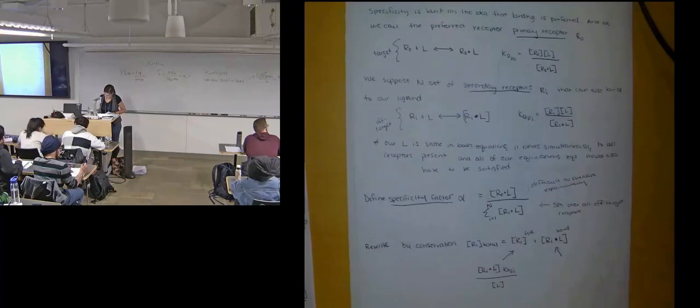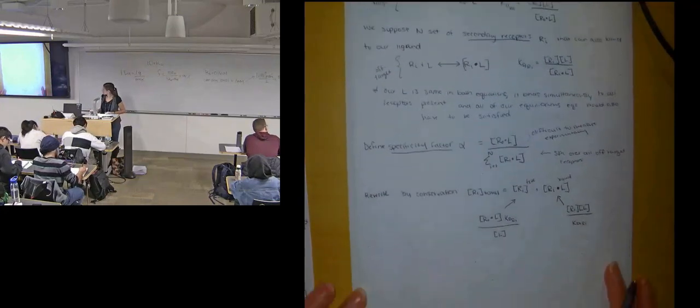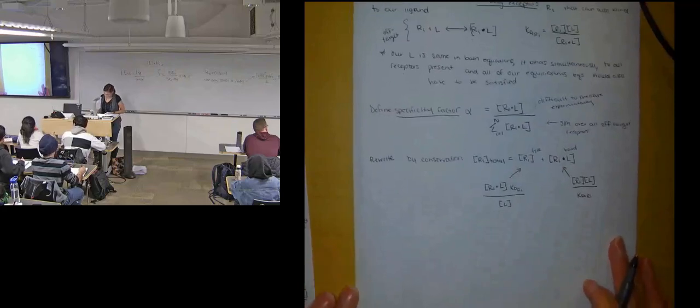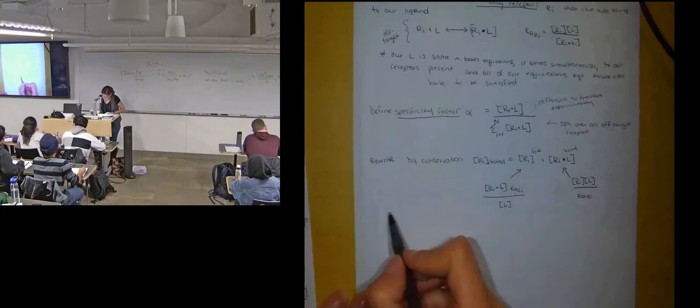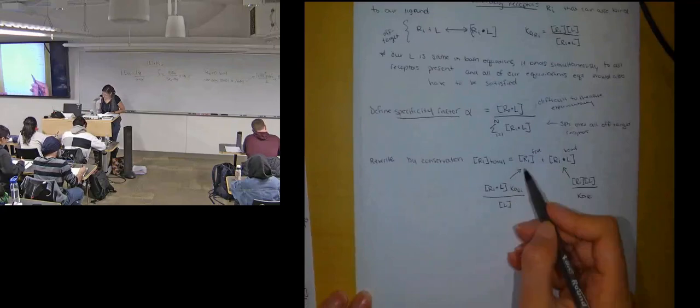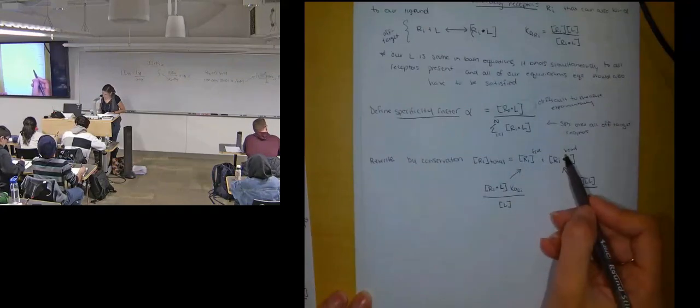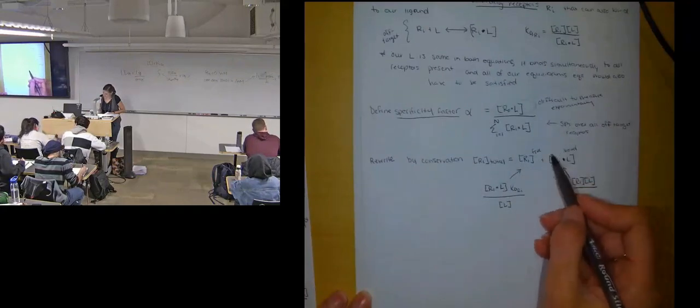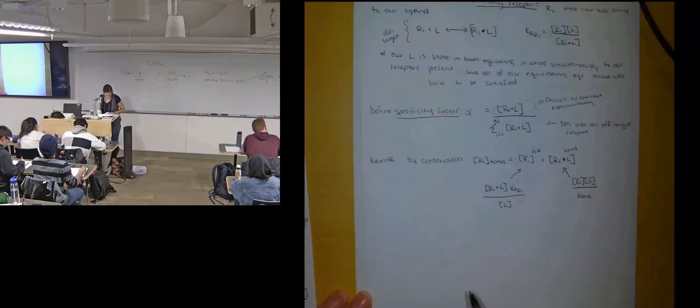Same thing, rearrange: ligand concentration over dissociation constant for that receptor. So rearrangements of those two equations. And then not only am I going to plug those two things in, I'm also going to write it in terms of this now, so I'm moving this over.